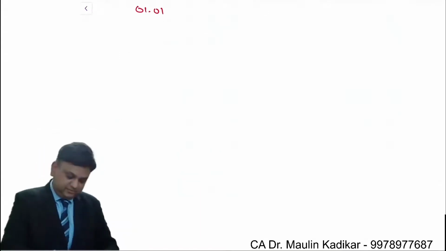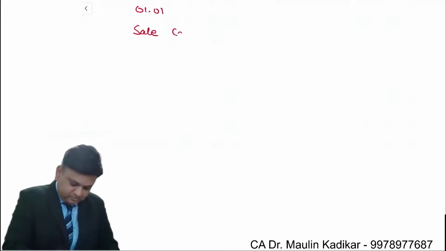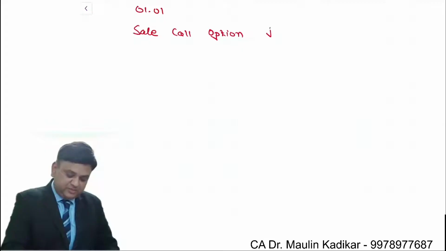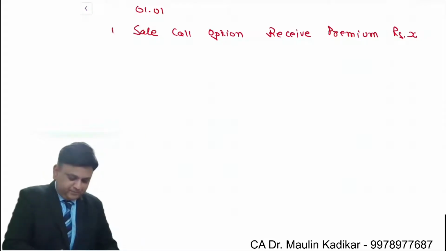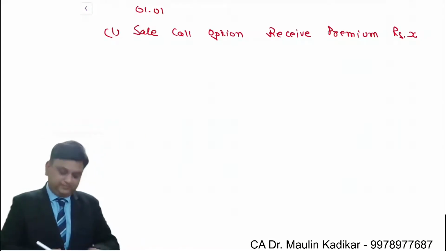Let us understand. Everybody stop writing, let me explain to you. On 1st of January, suppose I sell a call option, and on sale of the call option, I receive premium rupees X. This is very simple. Don't write anything, let me explain to you.